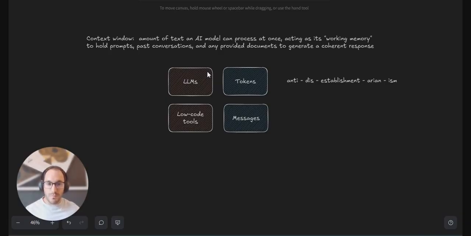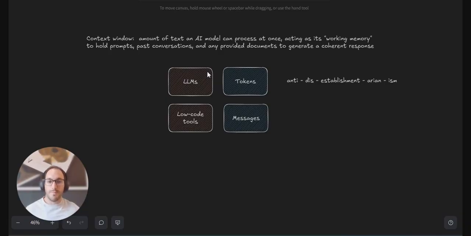So if you're trying to guess what that word means, like these LLMs typically are, you break it down. Anti, against; dis, against; establishment. So the person's against the establishment. And that's how it comes up with the way that it writes, and that's how it understands the words that you use.